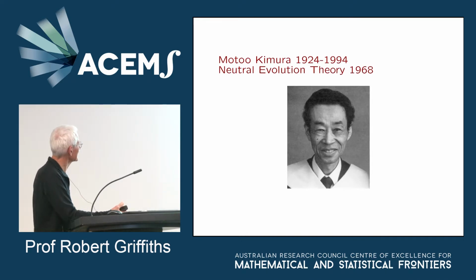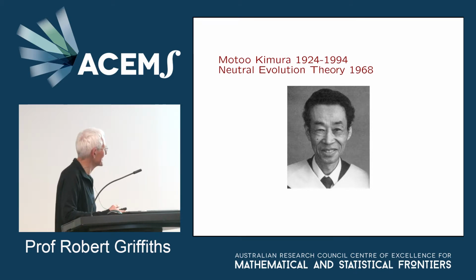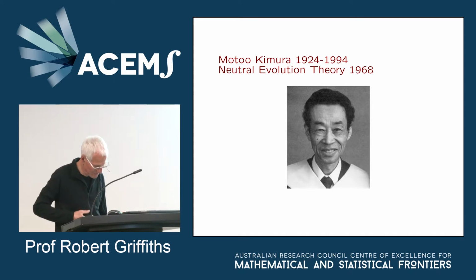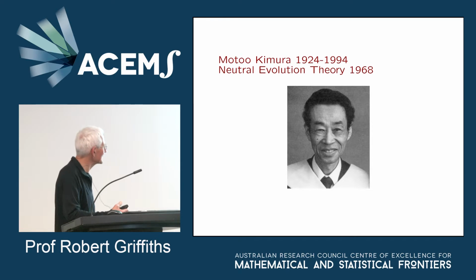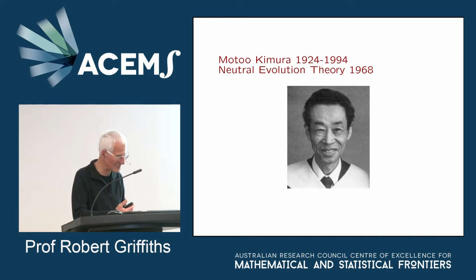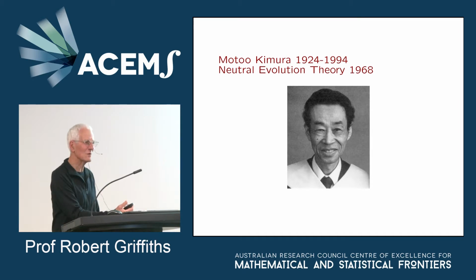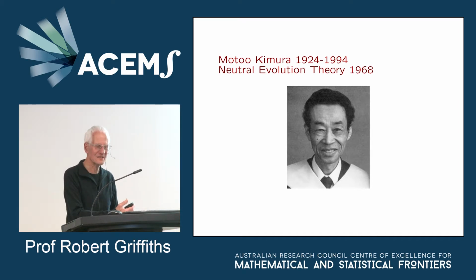Motoo Kimura was a very important person who thought of the neutral evolution theory in 1968. And his view was quite different from the selectionist view. It wasn't totally different. He believed in selection as well, but what happened about that time is that a lot of variation was found when people looked at genes.